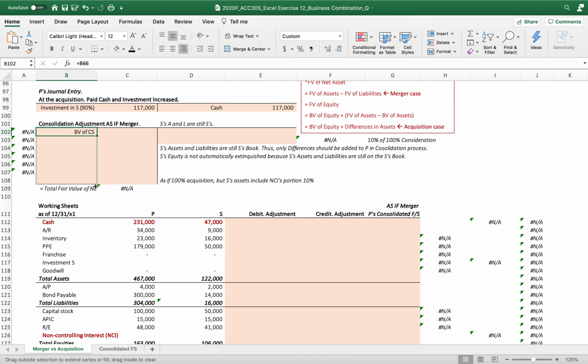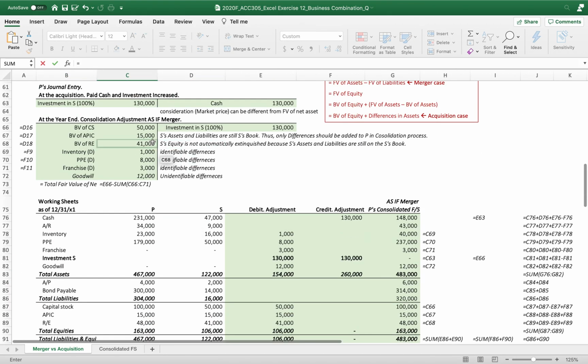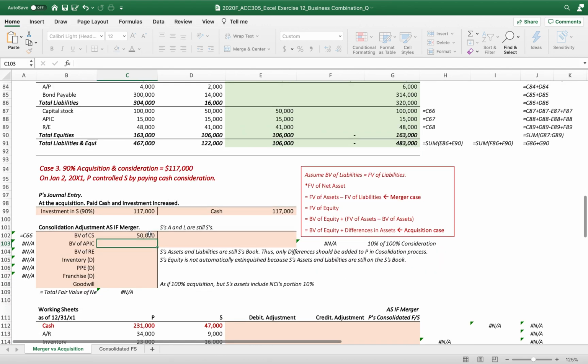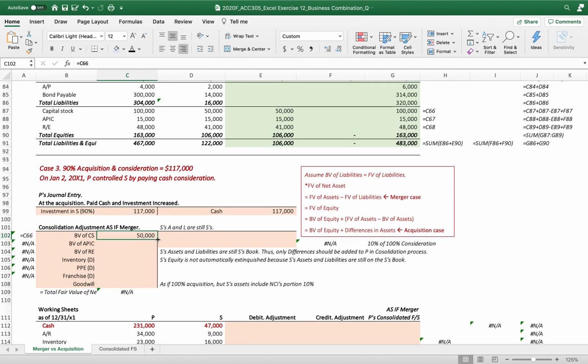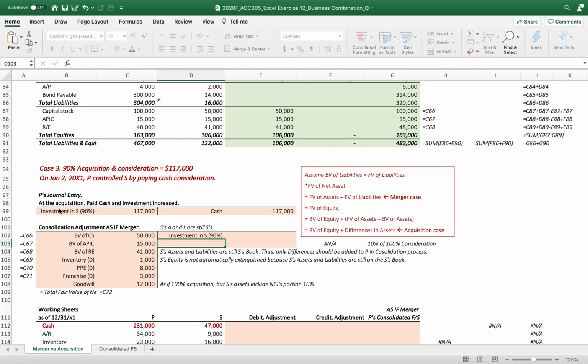Now I'm going to collect everything, and the values, I believe, are the same as the previous exercise. But the only difference is what here? The investment in S company should be removed in the consolidation procedure.